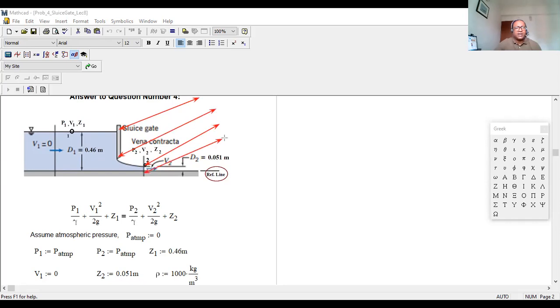So water is coming out through this opening. If you know this opening area, through which water is coming out, we can figure out the Q, because Q equals area times velocity.